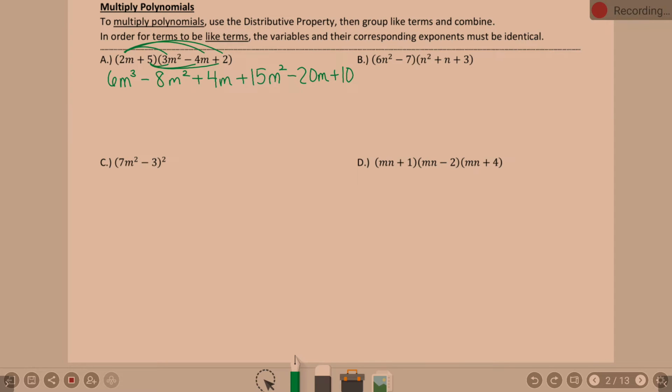Let's see. 6m cubed stays 6m cubed. Minus 8m squared plus 15m squared is plus 7m squared. 4m goes with 20m. 4m minus 20m is minus 16m, and plus 10 hangs out at the end.